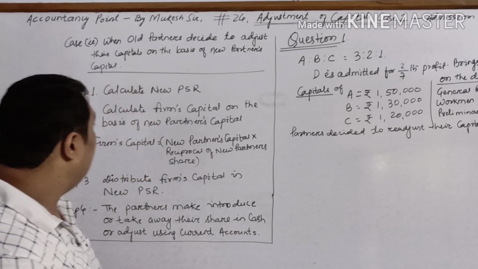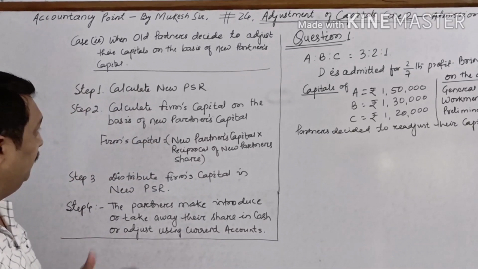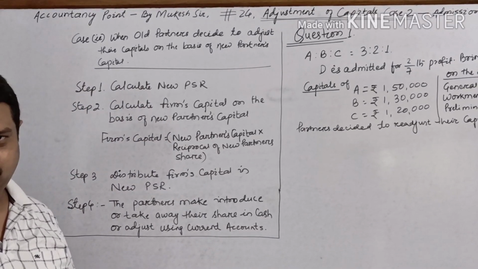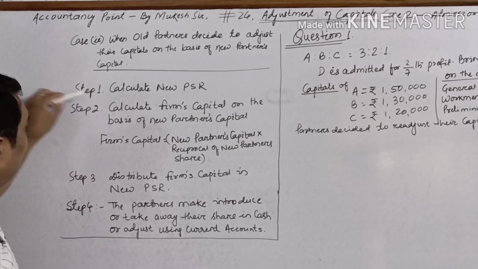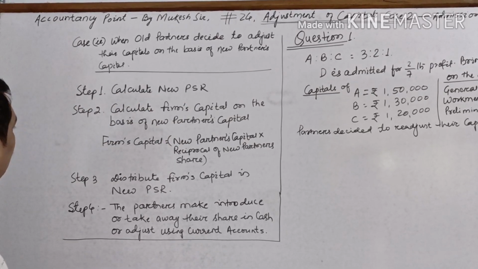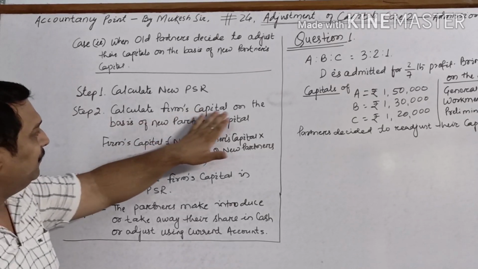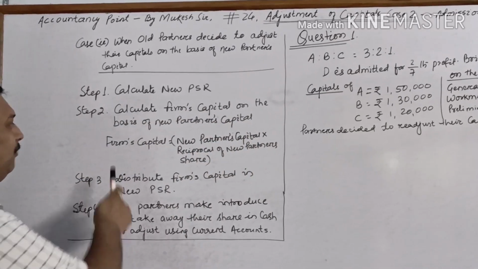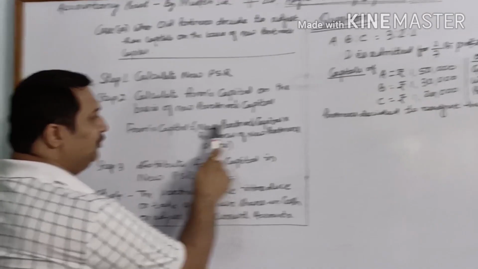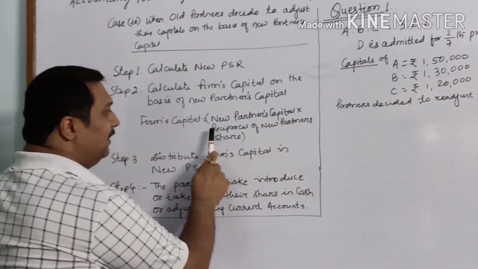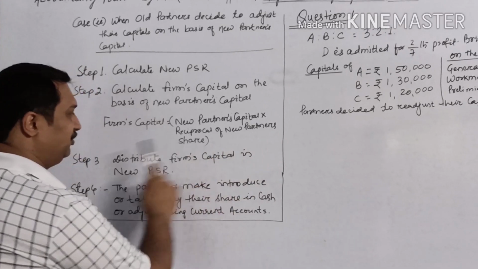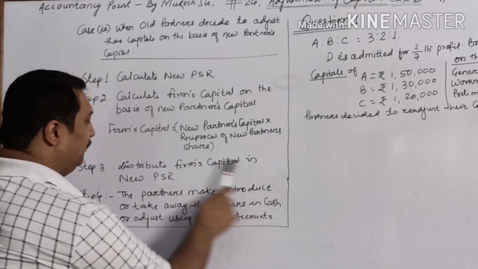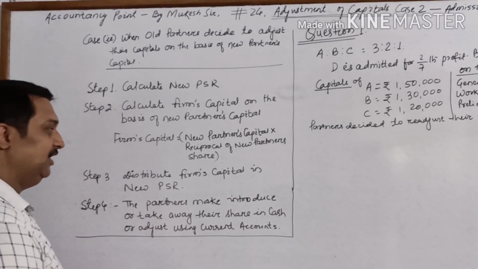Now there are a few steps which, if you follow them, will make it easy to solve the sum. In the first step, you will calculate the new profit sharing ratio. Then you will calculate the firm's capital on the basis of the new partner's capital. You will use the formula: firm's capital is equal to new partner's capital into the reciprocal of the new partner's share, and then distribute the firm's capital in the new profit sharing ratio.